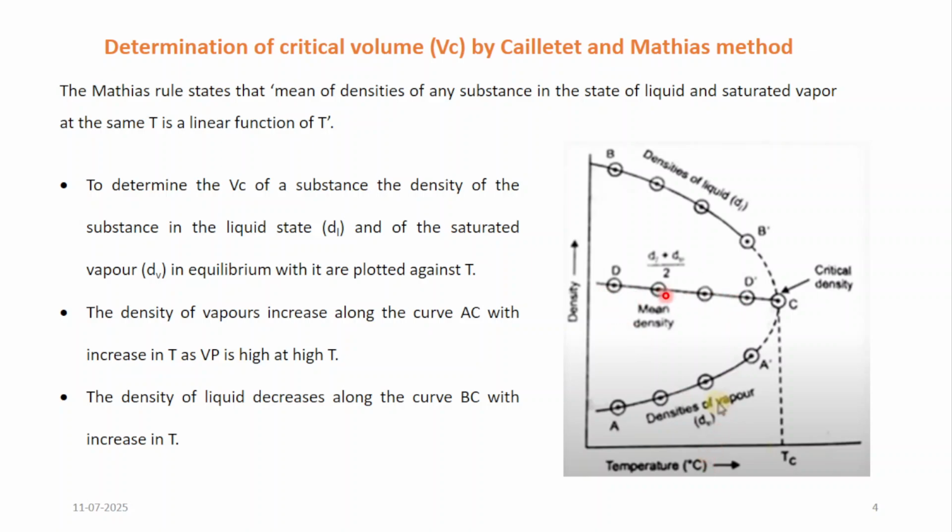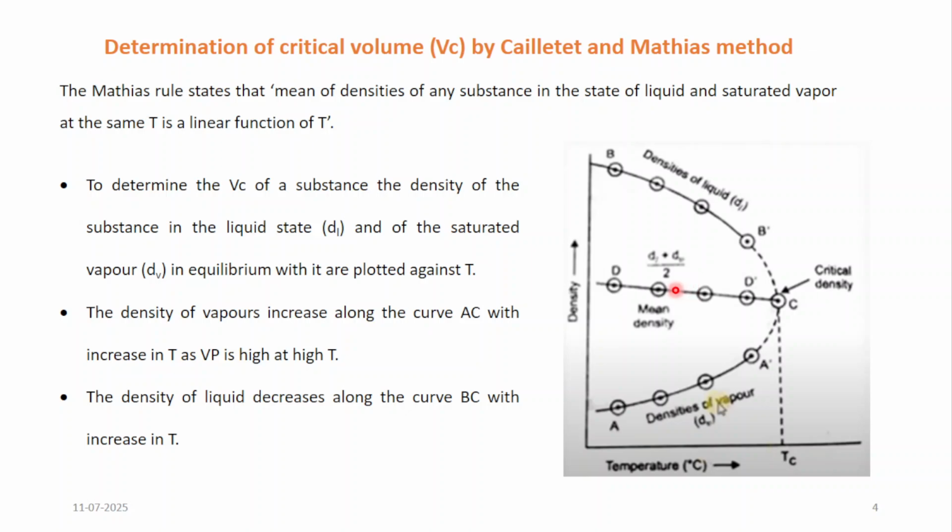Okay, you get a straight line when you plot the mean densities of the substance which is in the vapor and the liquid state. Okay, so it's very simple. I'll explain. You have to take the mean of densities of the liquid and the vapor of one particular substance. You plot it against the temperature, you will get a straight line. Using this method, you can find out Vc.